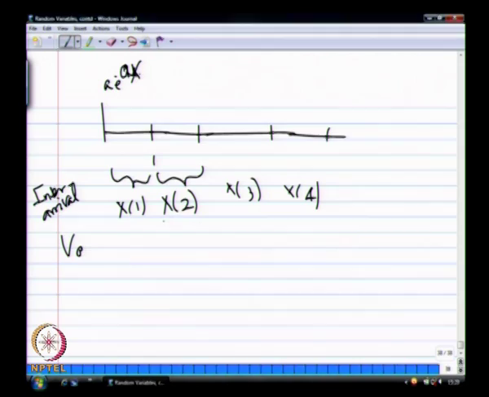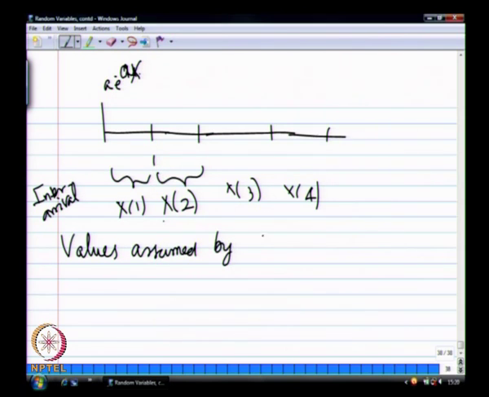So the values assumed by this X of t, we will call them states from now on.